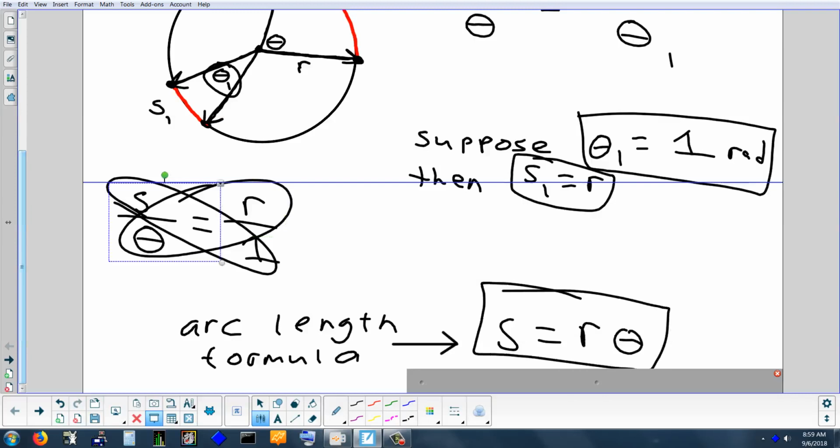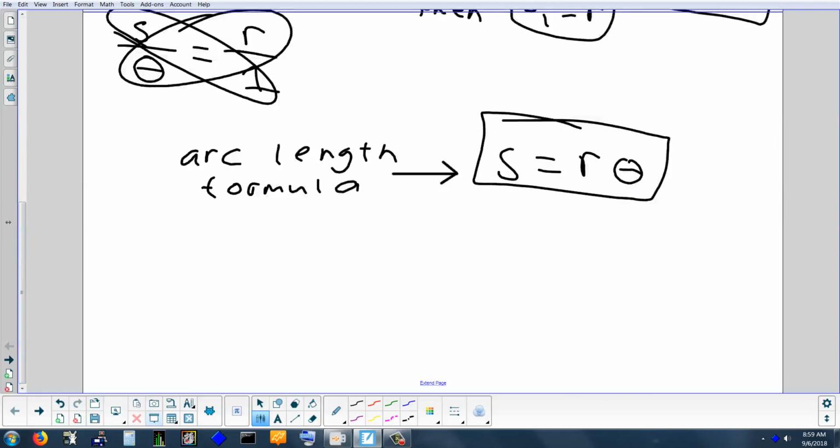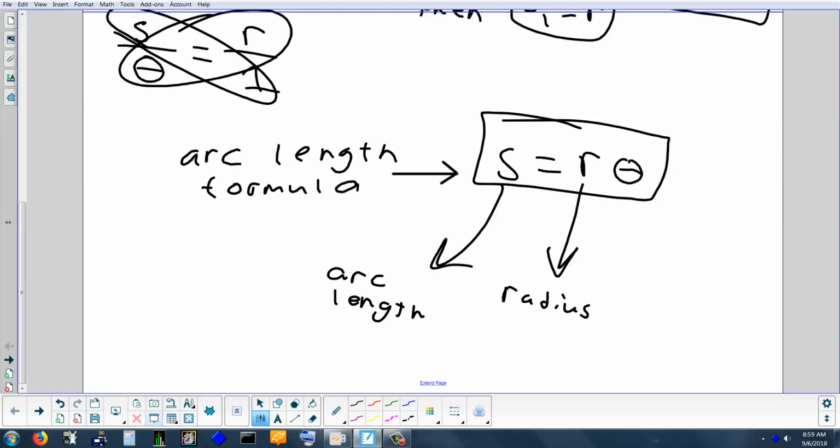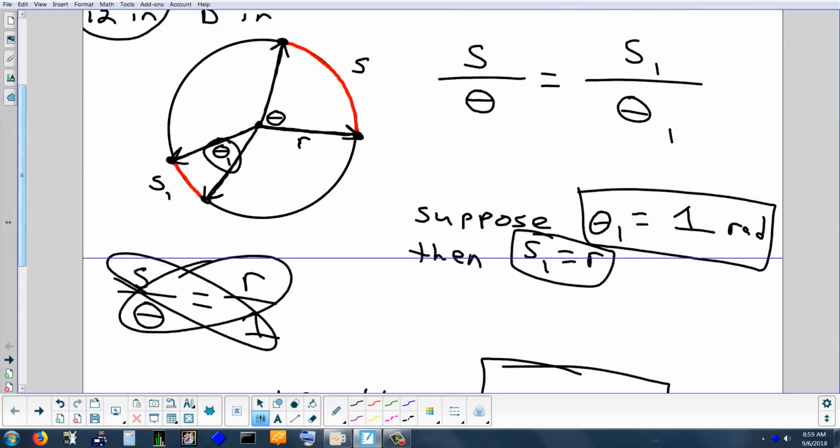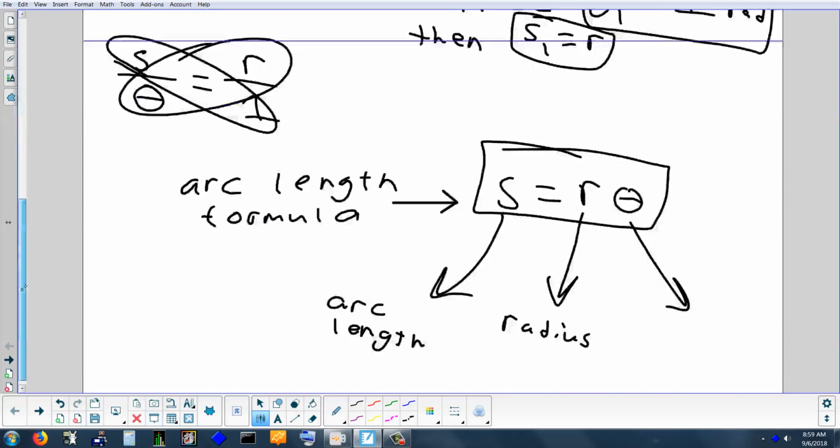Okay, there's 3 variables in that formula: S, R, and theta. You will always be given 2 out of the 3. So S is an arc length. R is a radius. And theta, that's the size of the angle in the problem. So that's your angle.